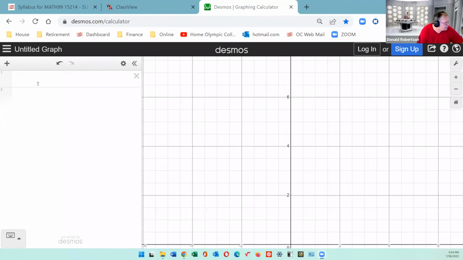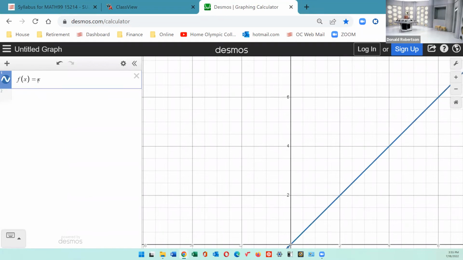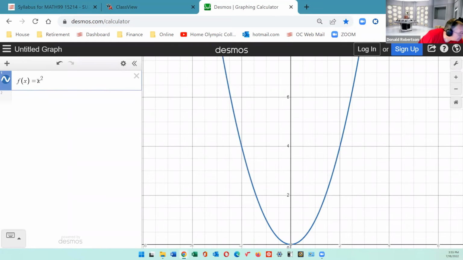So let's go in, see what we have. So the first function was f of x, and it was equal to x squared. That's pretty nice.